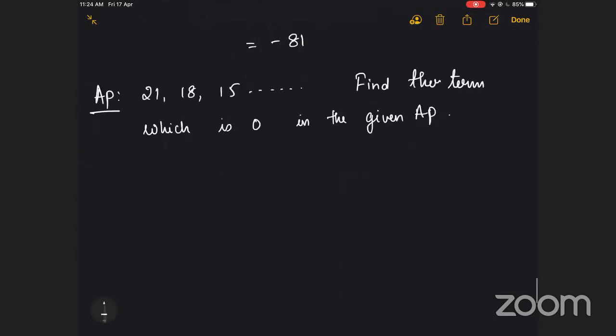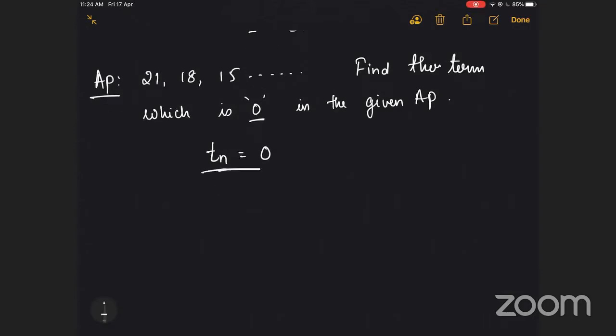To find the term, here they have given the value of Tn. So the nth term is 0 now. We need to find the value of n for which we get 0 in the given AP. So what is the first term? A is 21, D is minus 3, which we just solved as 18 minus 21.